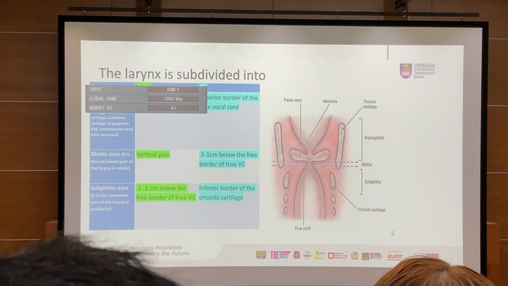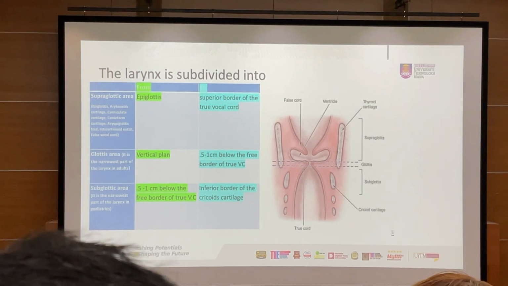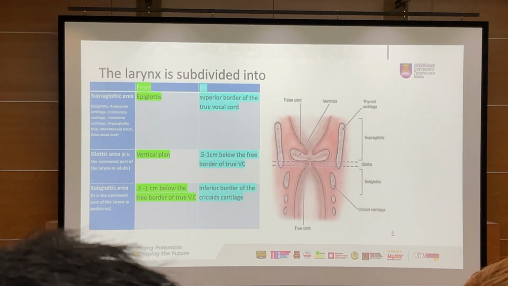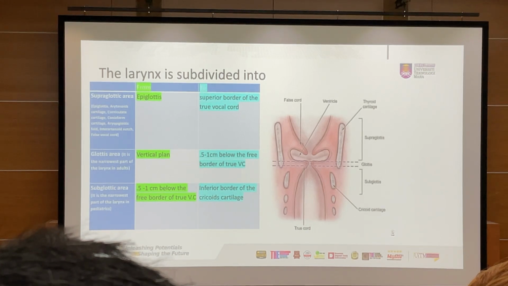Okay, all right. So we move on to the next one. The larynx is further subdivided into three areas, which are supraglottic, glottic, and also subglottic. So supraglottic starts from the tip of the epiglottis until the superior border of the vocal fold.